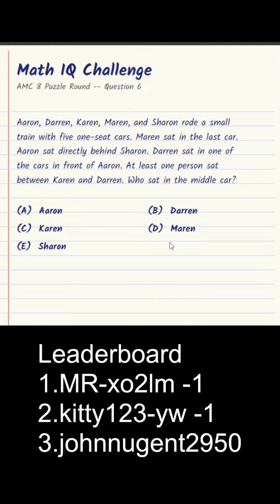And the options are the five people. So Aaron, option B Darren, option C Karen, option D Marin, and option E Sam. So this seems like a confusing question, but if you try it out, then comment your answer in the chat, and if that is correct, then we'll put your name on the leaderboard.